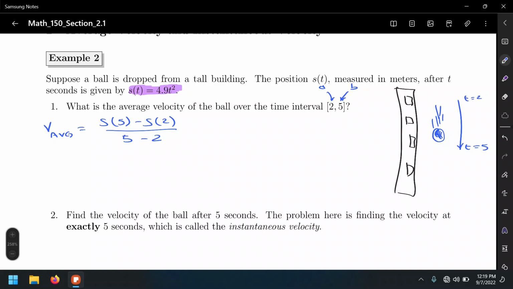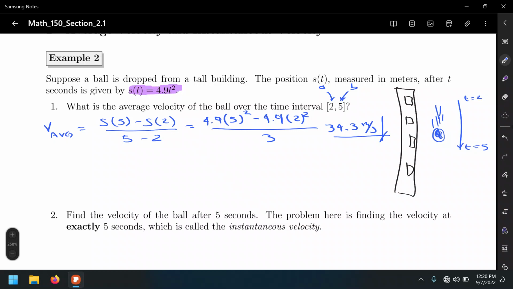That is 4.9 times 5 squared minus 4.9 times 2 squared over 5 minus 2, which is 3. After doing these calculations, we should get the following result, and you can verify this using a calculator. We should get 34.3 meters per second.